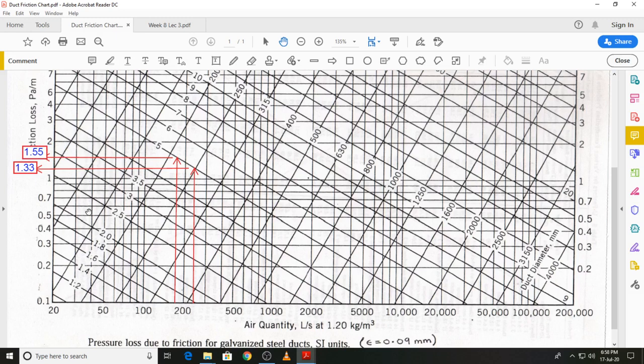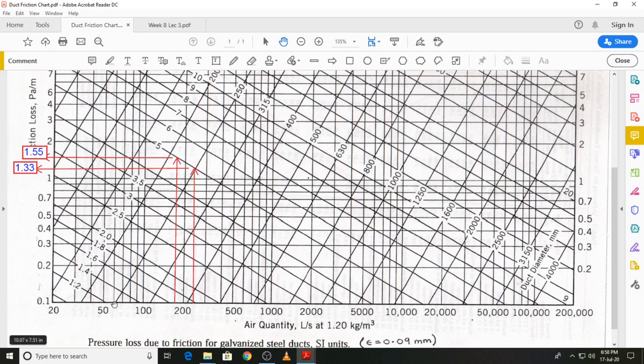The next is segment 3, and you can see before we actually find that value that segments 3 and 5 both have the same volume flow rate and the same velocity. So once we get the friction factor for segment 3, we will reuse it for segment 5. Segment 3 has a volume flow rate of 71 liters.